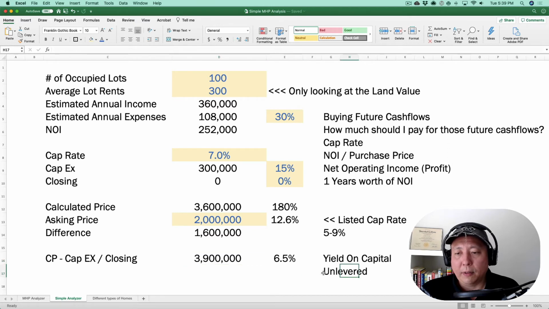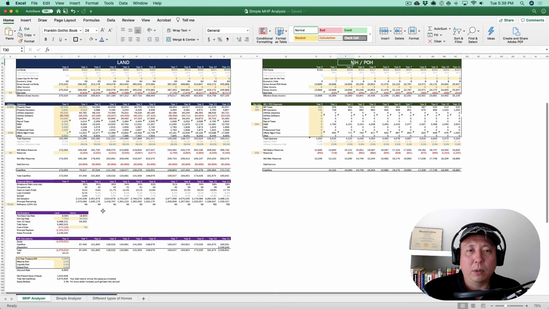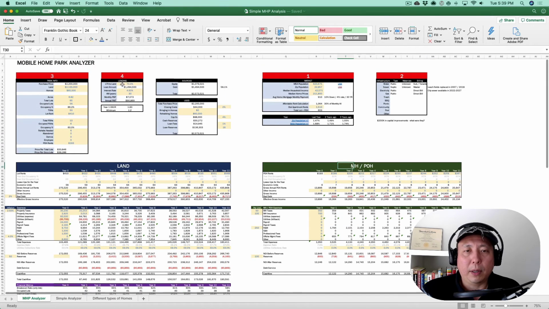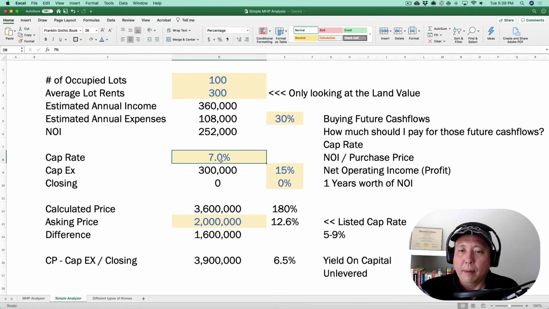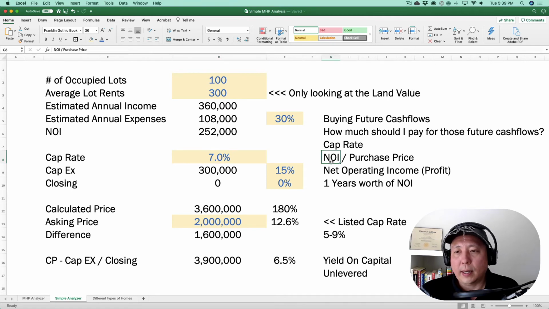And we're looking at an unlevered basis, which means that we're not using any type of financing. There's no seller financing or bank financing for this example. When we go into an actual deal, we have a section on lending that we could look at as well. But let's just say that you were paying $3.9 million, then your yield on capital is not the 7% cap rate. The 7% cap rate might make it sound like, oh, that's the NOI number, that's kind of like the profit I'm going to be looking at.